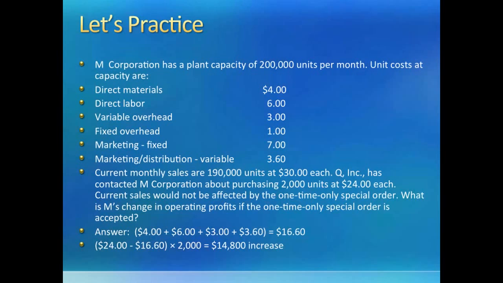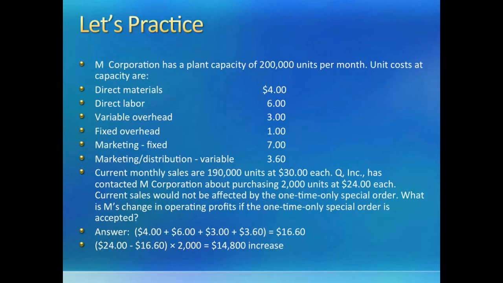So think about it. You have the choice between accepting the special order or not accepting the special order. If you accept the special order, what would happen? You would be supplying it at $24 a unit. What is your cost of making it? Look at it.